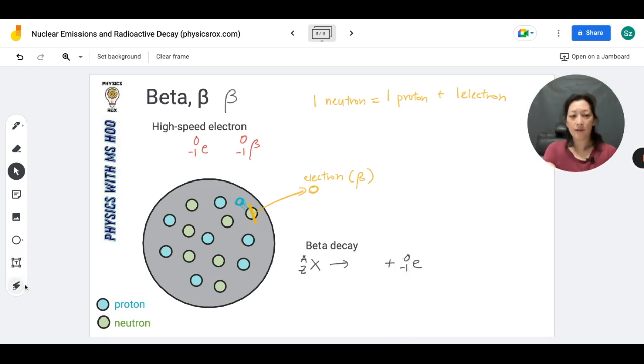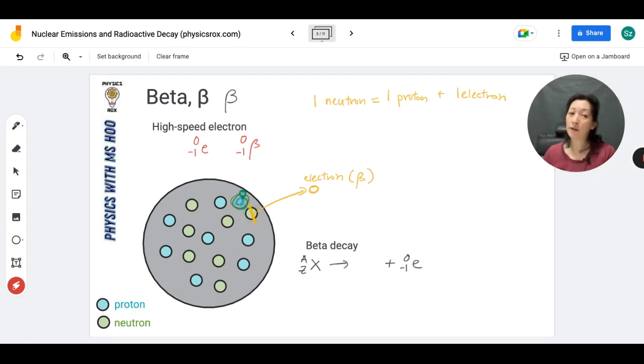So over here we have the daughter isotope. If you look, has the number of nucleons changed? No, it hasn't, right? Because although this nucleus has lost a neutron, it's gained a proton.